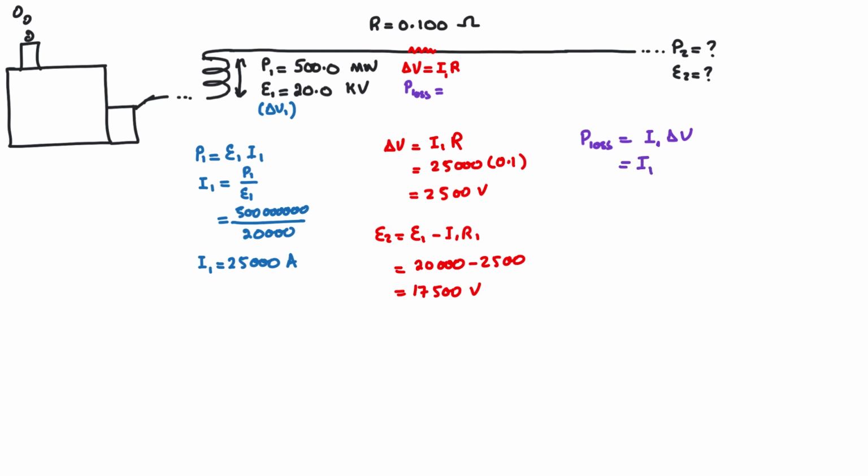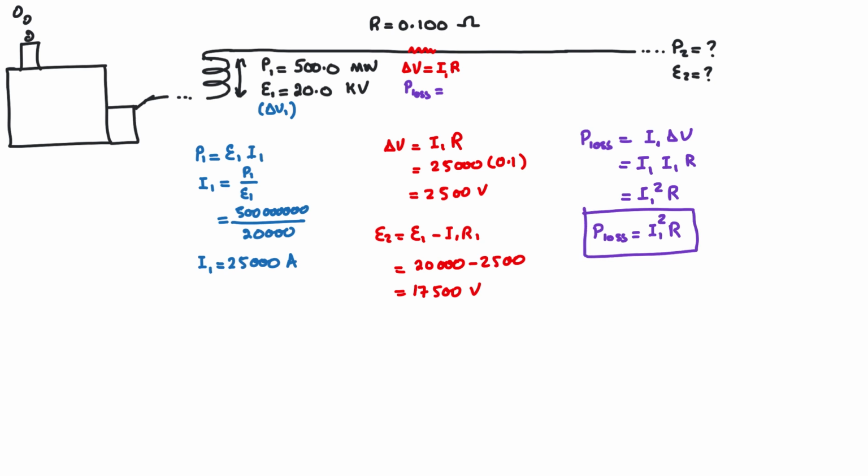I'm going to replace delta V by I1 times R, and that would mean that I get I1 squared R as my equation for power loss, and I am actually going to highlight this because it is a very, very important equation.